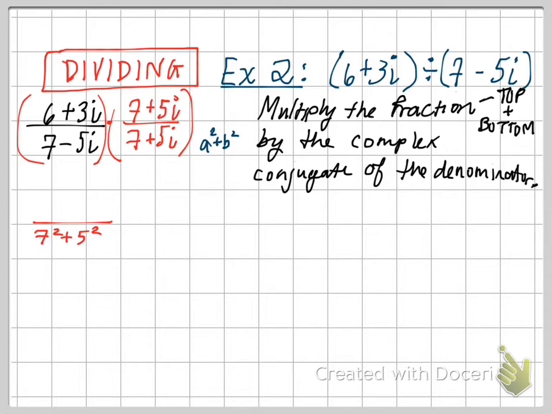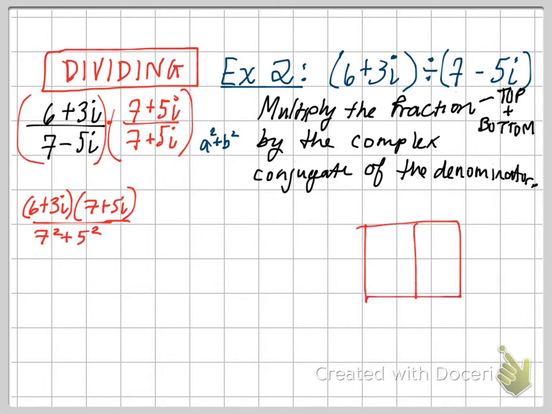And in my numerator, I'm going to have these two binomials, 6 plus 3i and 7 plus 5i. Okay, so I actually need to do that multiplication out. I'm going to go over to the side to do a little box, setting up 6 plus 3i, 7 plus 5i.